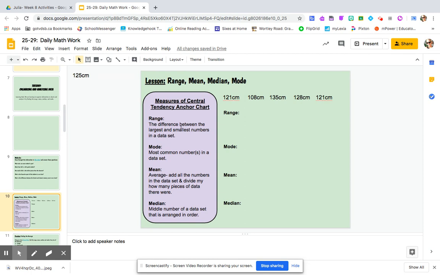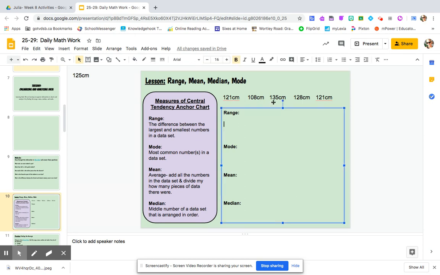So for the range, we are looking at the difference between the largest and smallest numbers in a set of data. So for the range in the data above, I'm going to scan through and look for the smallest and largest numbers. Now the largest number I see is 135 centimeters, and the smallest number is 108 centimeters. So our range is from 108 centimeters to 135 centimeters.